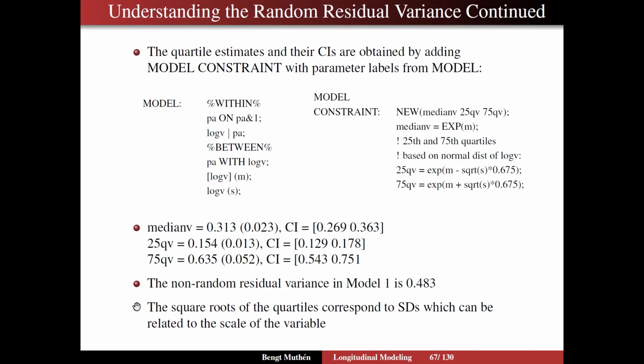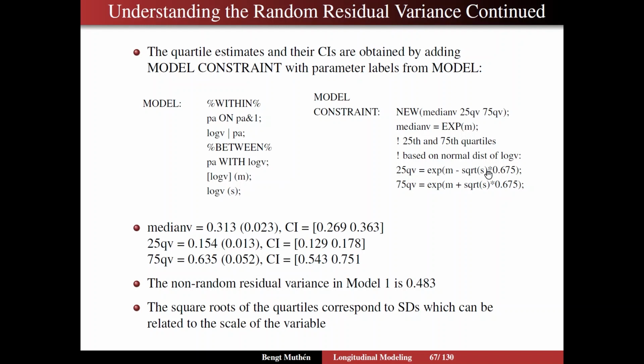slide 67. The quartile estimates and their confidence intervals are obtained by adding a model constraint, run again with parameters from the model. So we label the log V mean and the log V variance, and then we express these quartiles, the median being the 50% quartile, and the 25th and 75th quartiles, based on the normal distribution, mean minus square root of s.